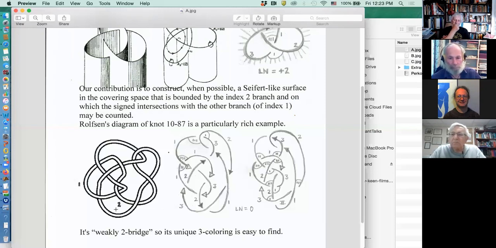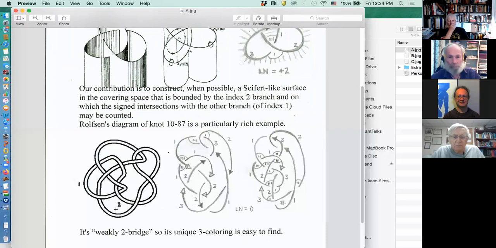Now, the other nice thing about surfaces constructed like this is it's a little hard to see where the surface is intersected by the branch curve of index 1, but it turns out that it's always over the unsmooth crossings, the ones without the little twists. So you can just sum the signs of the unsmooth crossings, which is 0, and it's 0 for both because it doesn't matter how you bound one of the curves.